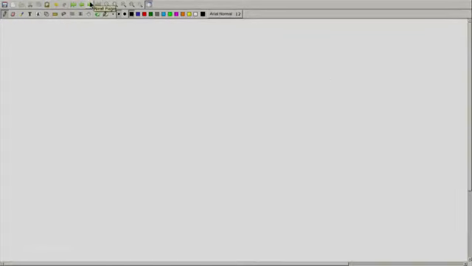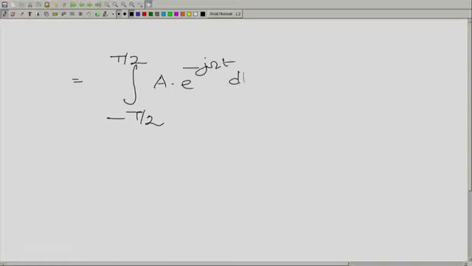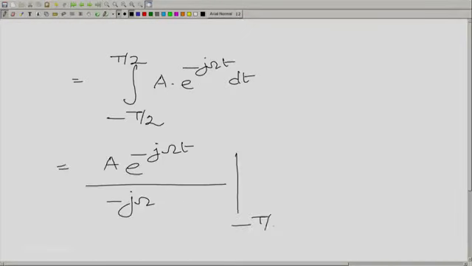That is essentially the integral from minus T by 2 to plus T by 2 of a e raised to the power minus j omega t dt, a very easy integral to evaluate.